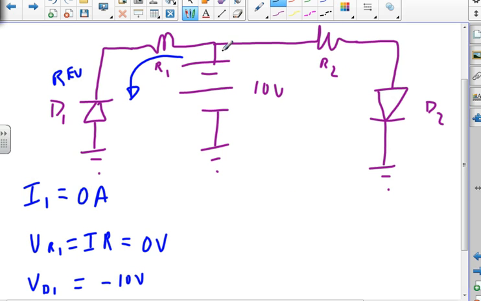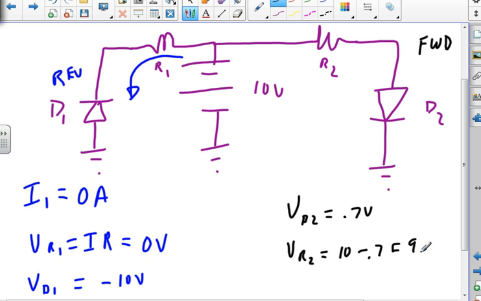Okay, so now we're going to look at the other side. I look at the other side and I say I'm forward biased. Forward bias means the voltage across D2 is going to be 0.7 volts. The voltage across R2 is going to be 10 minus that 0.7 volts, which will be 9.3 volts.